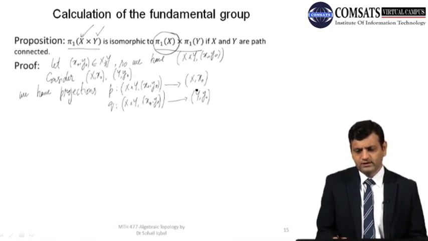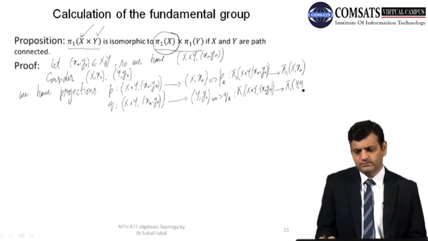So if we have these projections, then this implies we have a map P lower star from pi 1 of X cross Y, (x naught, y naught) to pi 1 of X, x naught. Similarly we have another map Q lower star from pi 1 of X cross Y, (x naught, y naught) to pi 1 of Y, y naught.